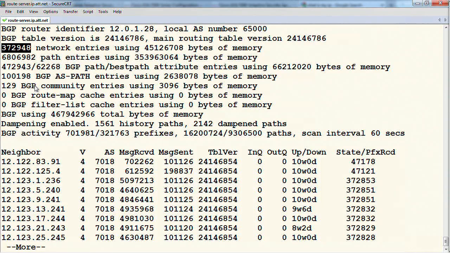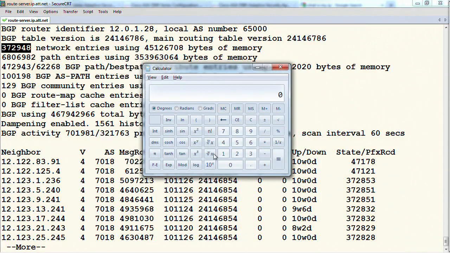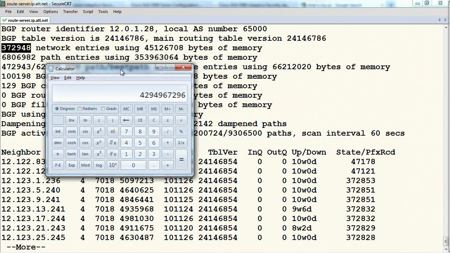But if you look at the full address space, which is 32 bits, it would mean 2 to the 32 possible numbers. It's 4.2 billion. The problem is that you can't have 4 billion routes in the router. It's not going to be able to handle that.